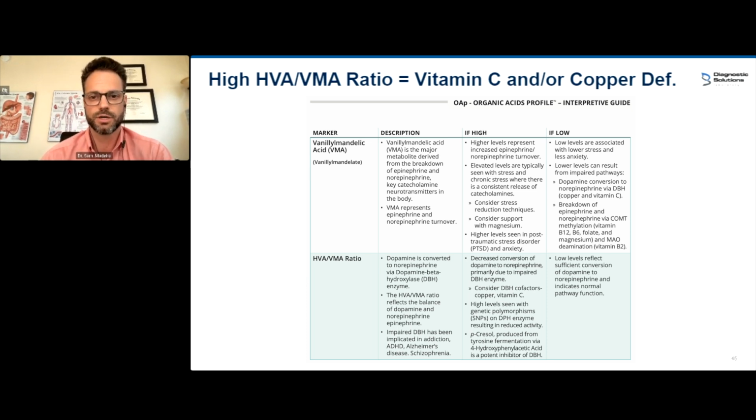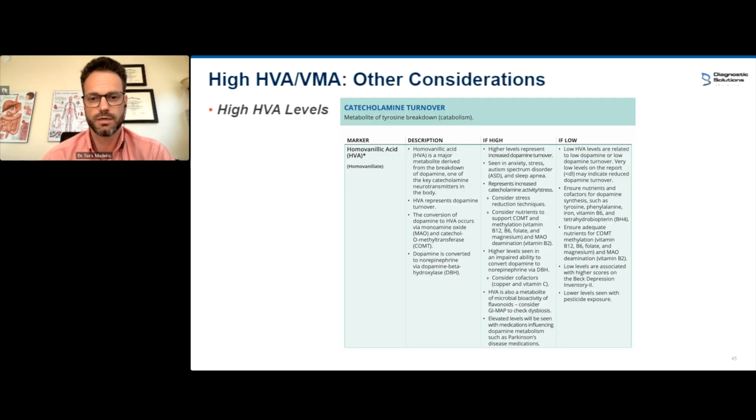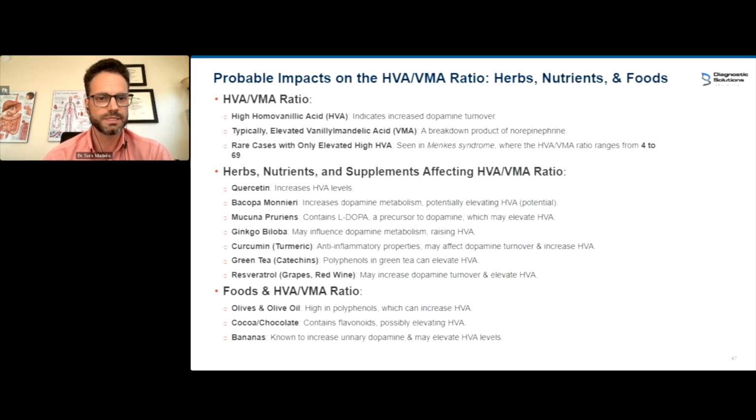But here we have the interpretive guide with the high HVA and VMA ratio. So you can read through that. But essentially, we're looking at, as mentioned, copper and vitamin C repletion. And then more detail around it here with the HVA levels being high and why that may be. This is literally what the interpretive guide looks like when you download it from the site.